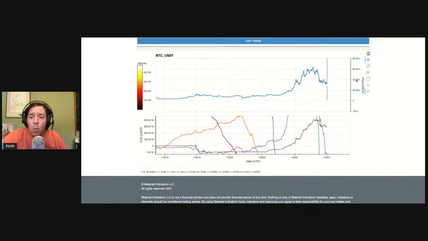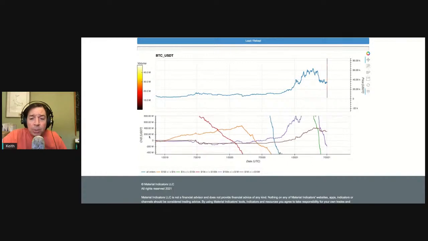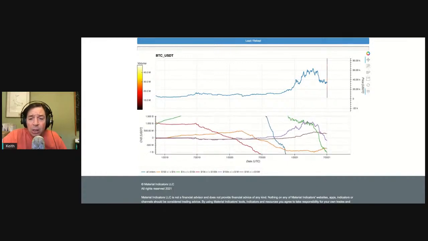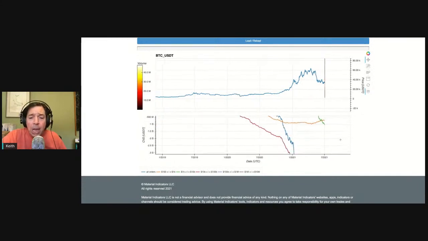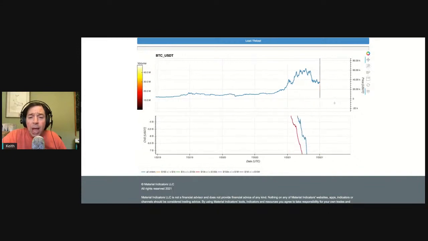But what mega whales can do that no other class can do is they can break up their orders into any other size order. Sharks can't disguise themselves as whales, but mega whales can disguise themselves as any other class. And look, maybe they broke up those $10 million orders into a bunch of $1 million orders or $100,000 orders, or maybe they even went smaller than that.